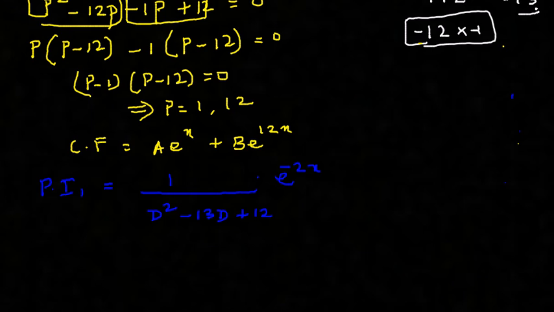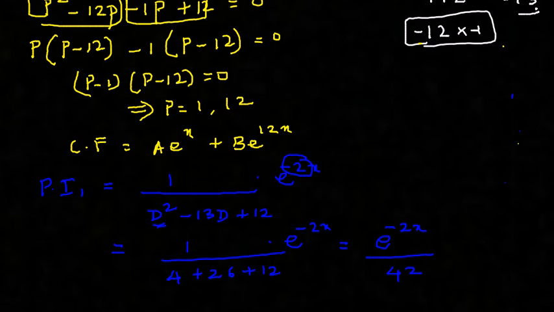Now we substitute this minus 2 in place of D, so it becomes plus 4, minus 13 into minus 2 becomes plus 26, plus 12, into e power minus 2x, and this is nothing but e power minus 2x divided by 42.